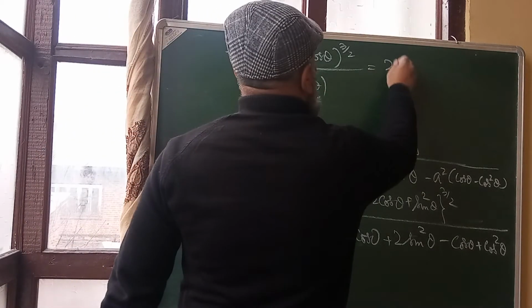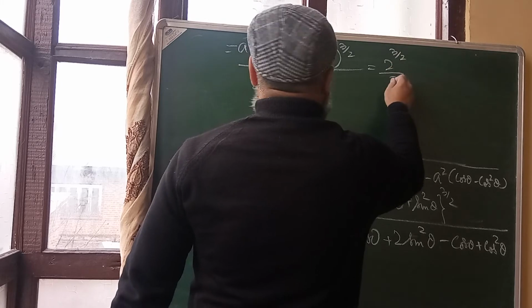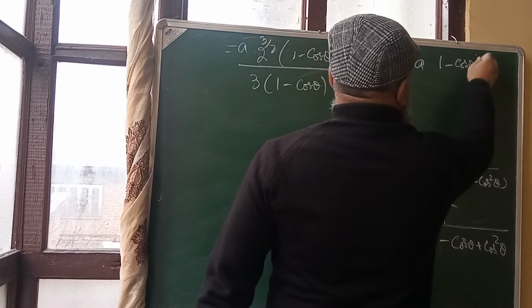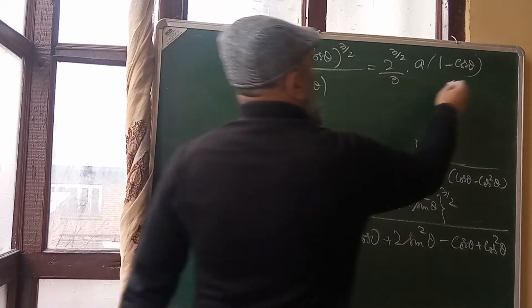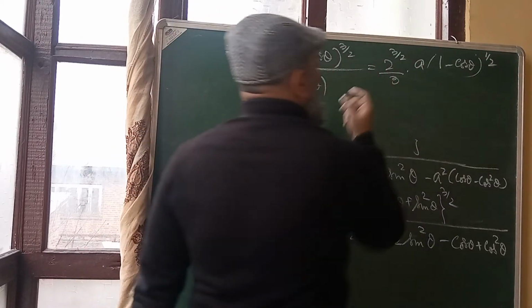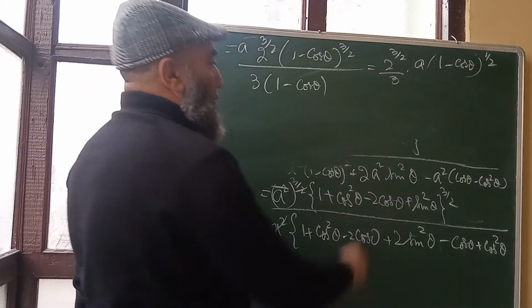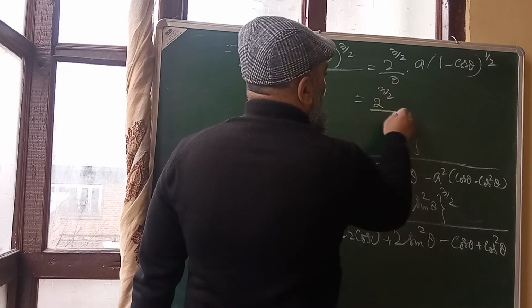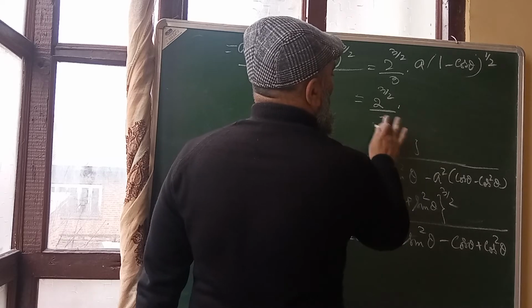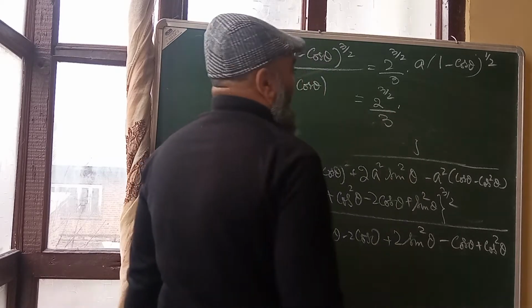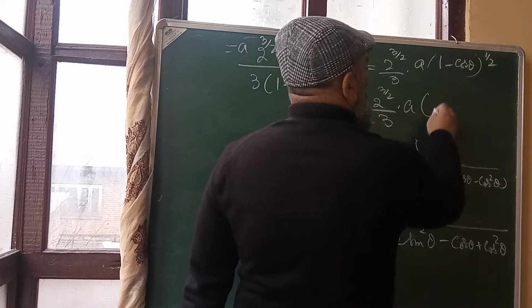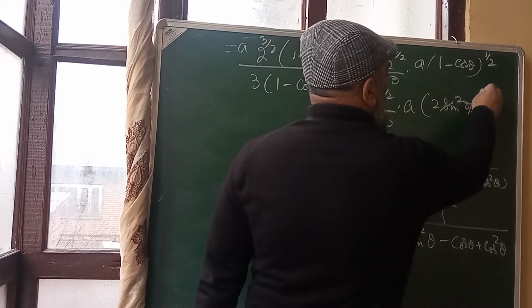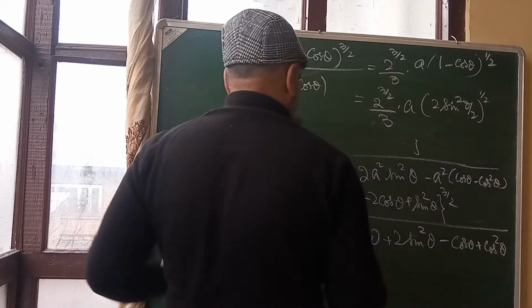So 2 raised power 3 by 2 by 3, a (1 minus cos theta) raised power 3 by 2 minus 1, which is 1 by 2. So this is the answer. Or you can further simplify it. It is 2 raised power 3 by 2 by 3. a (1 minus cos theta) is twice sine square theta by 2, raised power 1 by 2.